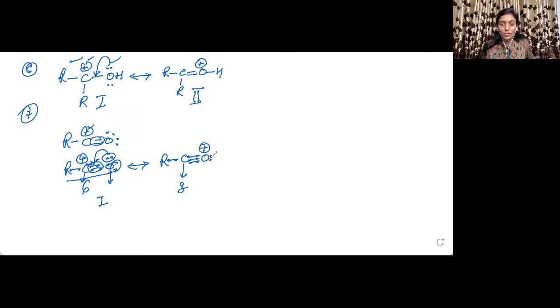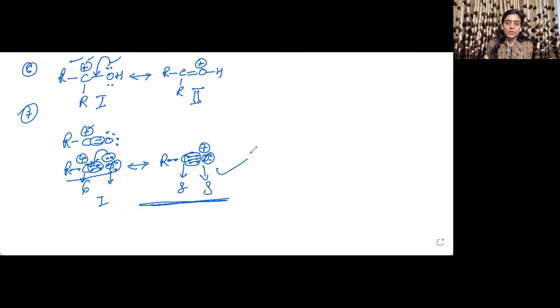Still it is having 1 lone pair. 6 electrons from this triple bond and 2 from the lone pair. So again, it is having 8 electrons. So in this structure, all the atoms except for hydrogen, which is going to have 2 electrons, have a complete octet. So this will be more stable.